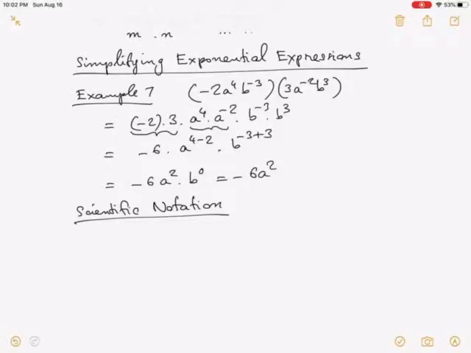To write a number in scientific notation, move the decimal point to the right of the first digit in the number.